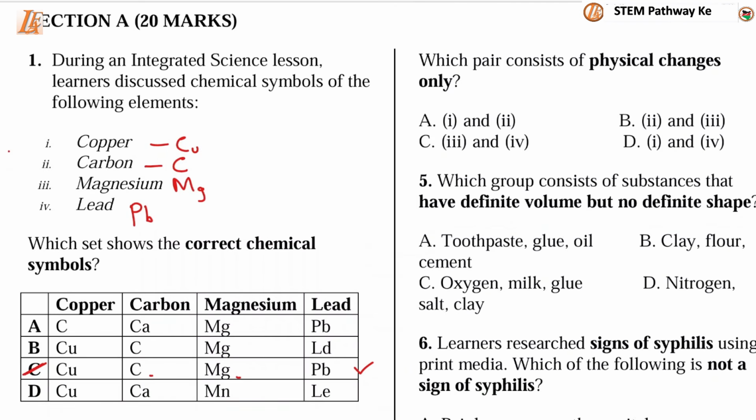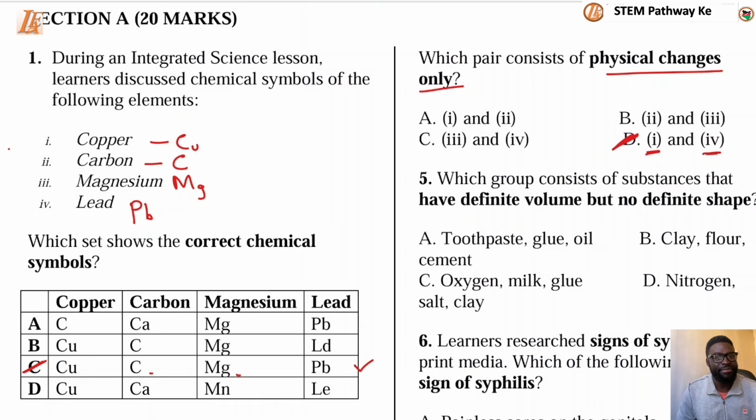Which pair consists of physical changes only? Remember, physical changes are changes which can be reversed. In this case, the pair which consists of physical changes only is D, where we have the first one, which is water freezing, that is 1, and the 4, where we have drying of wet clothes.